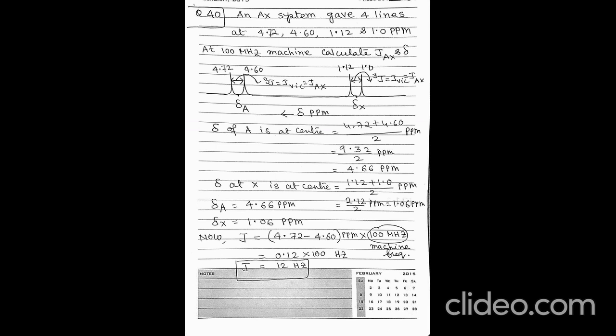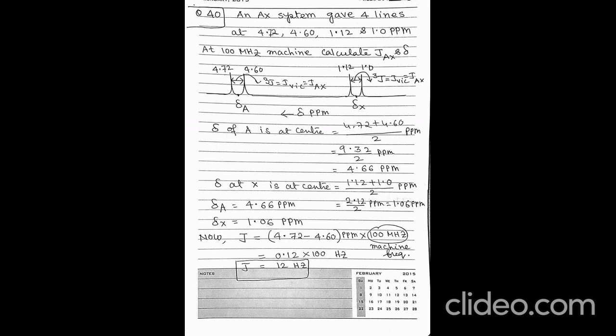So if we go to the center, 4.72 plus 4.60 divided by 2, the answer is 4.66 ppm, that is the delta value of A. In an exactly similar way, we can calculate the delta value of X also. That is 1.12 plus 1.0 divided by 2, which is 1.06 ppm. That will be the delta value of X.